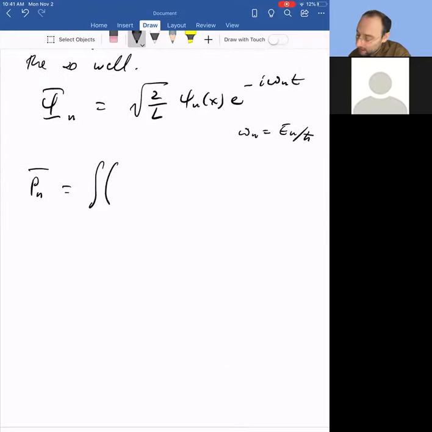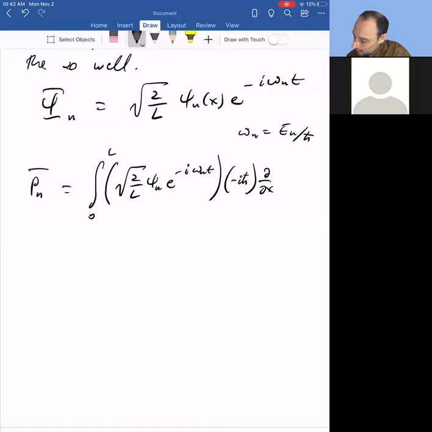And in this case, the limit is not minus infinity to infinity, but 0 to L, because outside of this bound, the psi is 0. So why would we integrate 0, right? It's just 0 to L. Root 2 over L, psi, and I'm suppressing the fact that it's a function of x, e to the i omega m t, minus i h bar times the derivative of root 2 over L psi m.